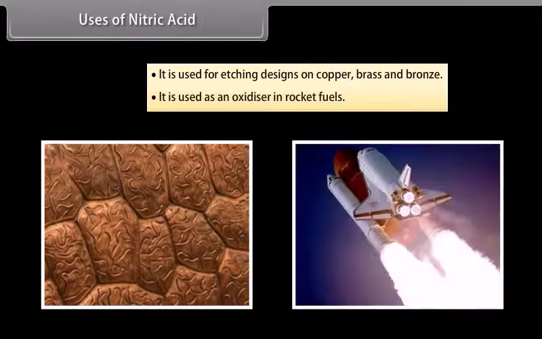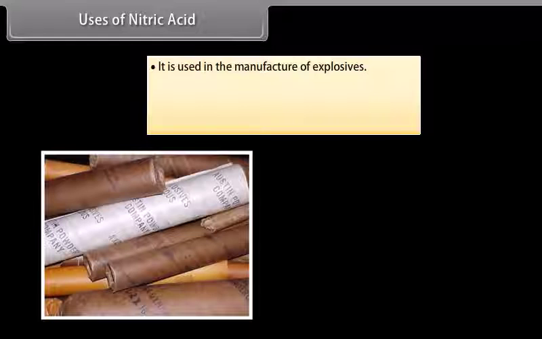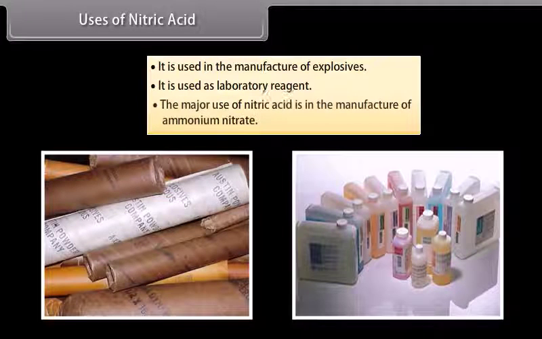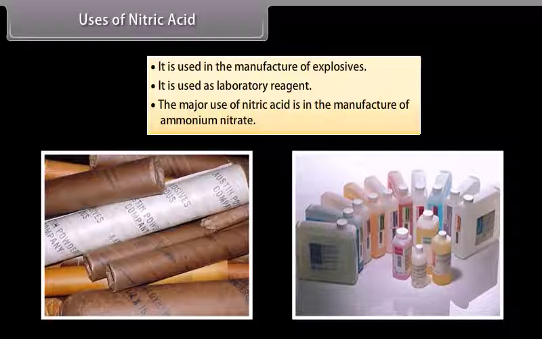It is used as an oxidizer in rocket fuels. It is used in the manufacture of explosives. It is used as a laboratory reagent. The major use of nitric acid is in the manufacture of ammonium nitrate.